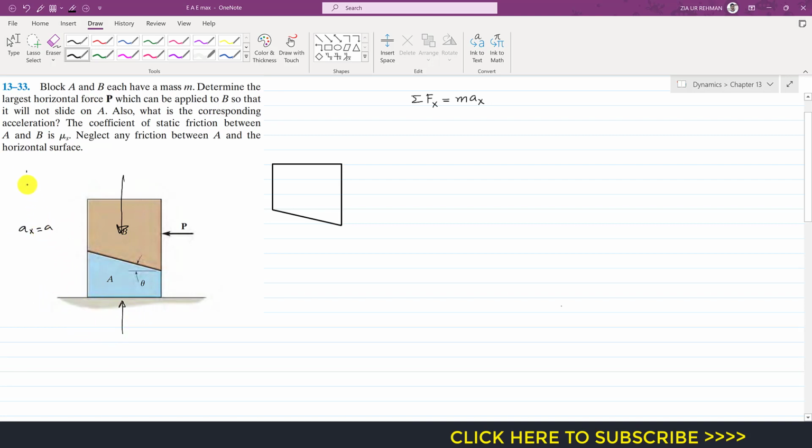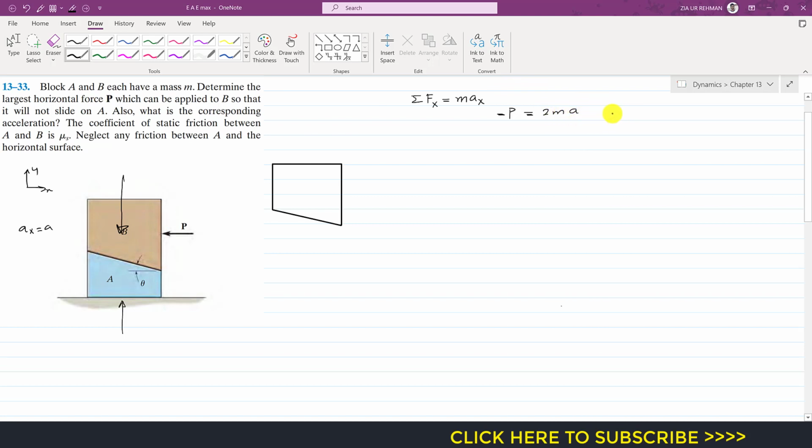So if this is my positive x and positive y direction, we have only this P force which is acting in the negative x direction, so I will write minus P, and this minus P will be equal to mass times acceleration. Each block has a mass of m, so both the blocks will have a mass of 2m. So this will be 2m and a x is a.